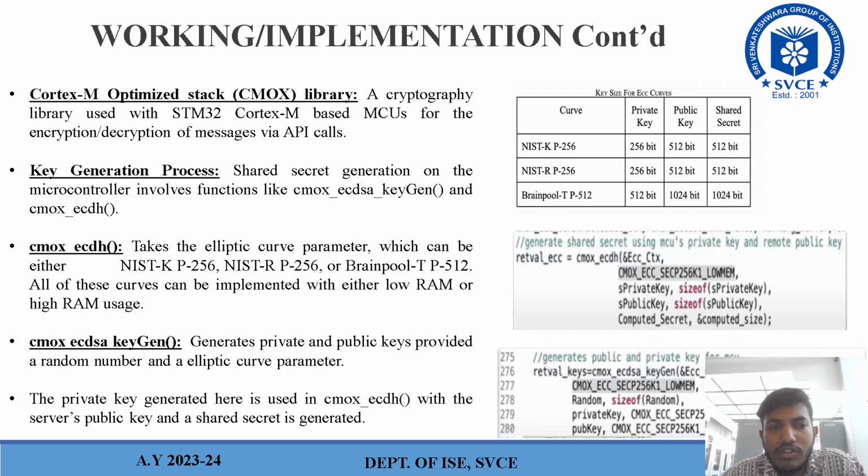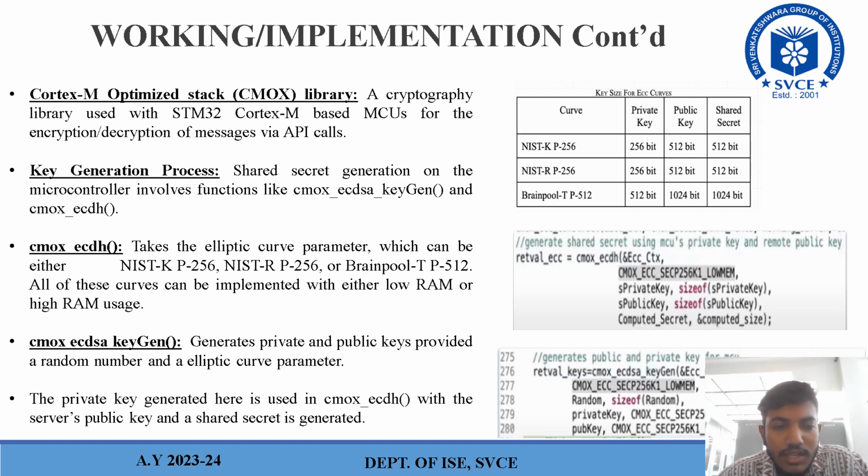Shared key generation on the microcontroller involves functions like CMOX ECDSA key generation and CMOX ECDH. CMOX ECDH takes the elliptic curve parameter, which can be either NIST P256 or NIST P256 or Brainpool T P512. All of these curves can be implemented with low RAM or high RAM usage.